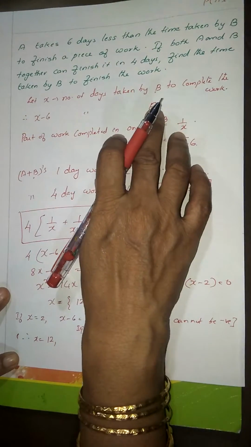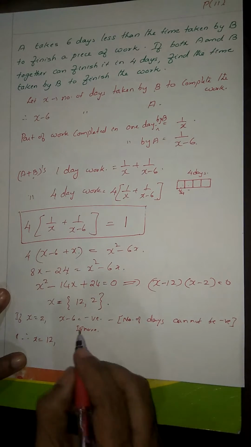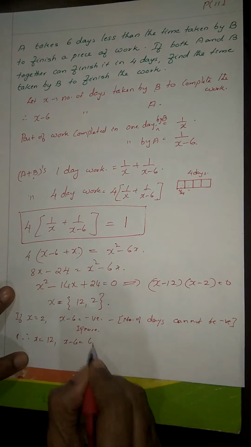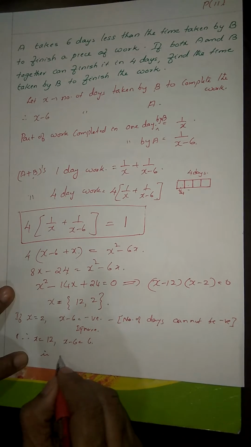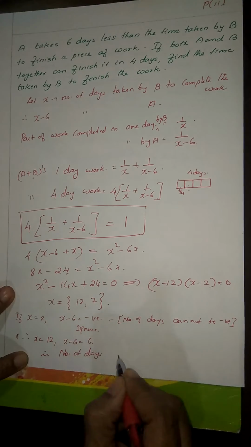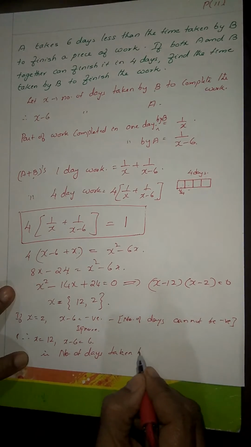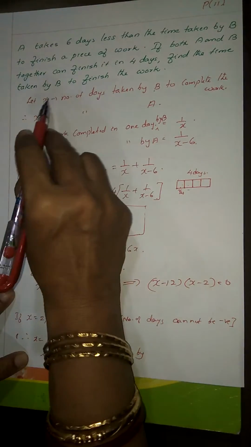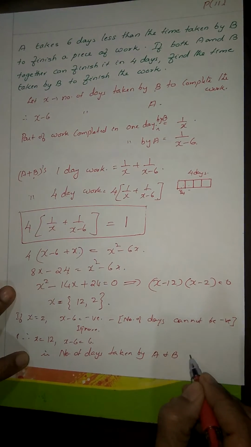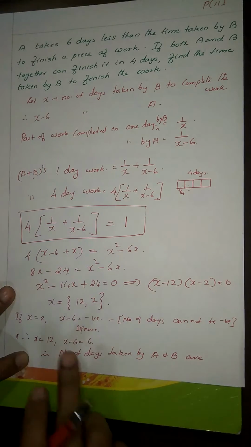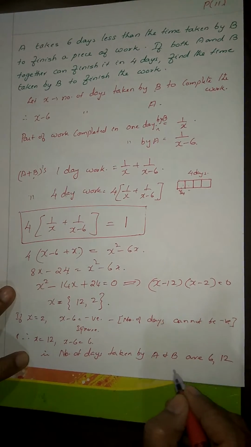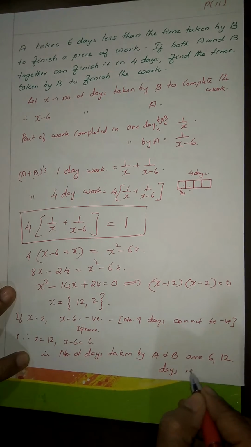So the number of days taken by A will be 12 minus 6, that is 6. So x minus 6 is equal to 6. That means the number of days taken by A and B are 6 and 12 days respectively.